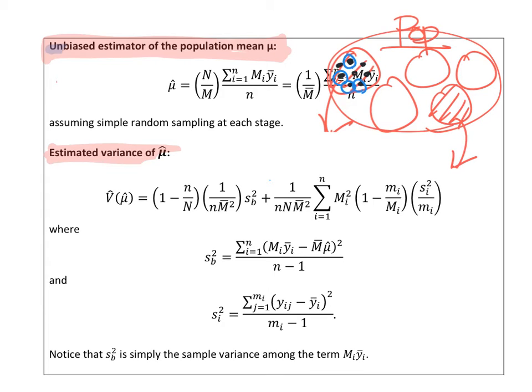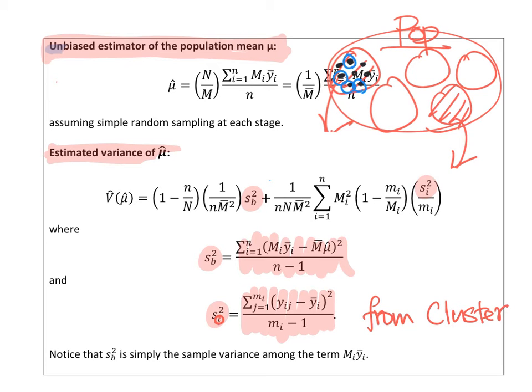So here's an SB square here, like this way, and here's an Si square here, it's like this way. So when you look at the formula, here's an i. So that means it is from a cluster, and this one from the population.